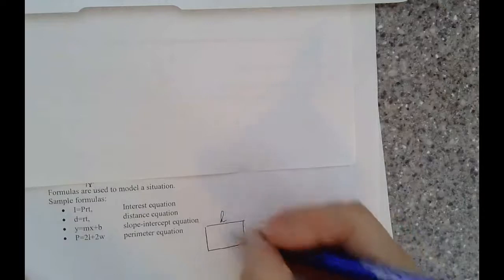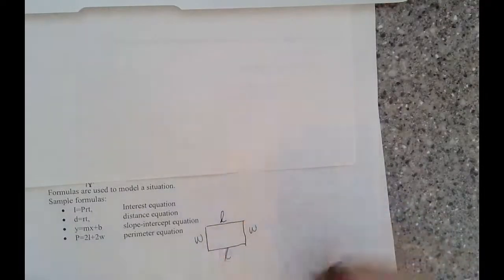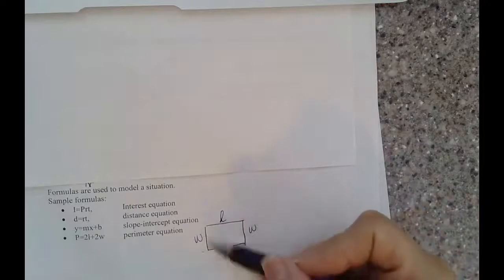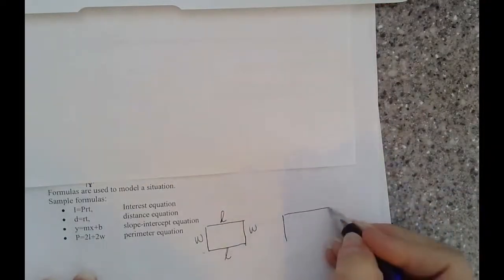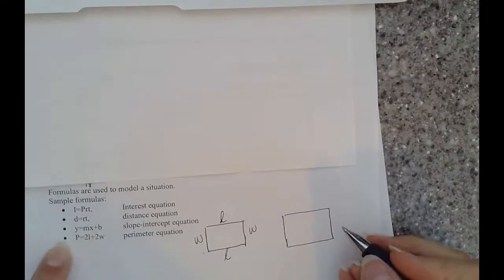So, for example, if we had a rectangle, the lengths are the same in a rectangle and the widths are the same. So perimeter is the distance around that rectangle. Perimeter would be 2 of these plus 2 of these. Normally, solving a normal problem, you would just plug into the equation the way it's solved for P naturally.